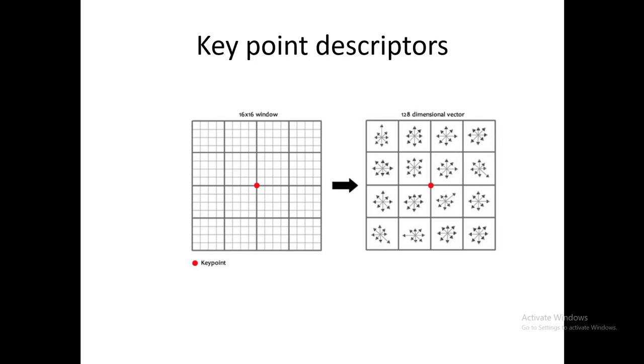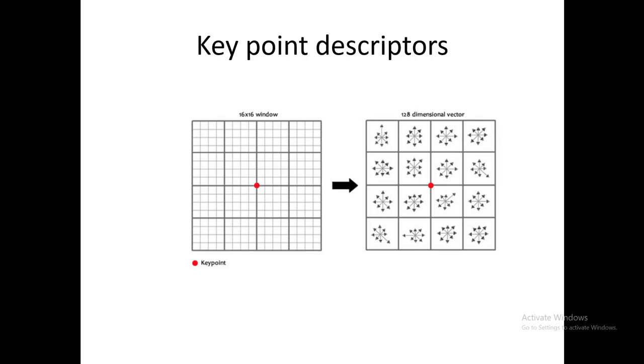Now for each subblock, an 8 bin orientation histogram is created. For a 4 by 4 descriptor over a 16 by 16 sample array, which is 4 by 4 by 8 directions, that gives us 128 bin values.